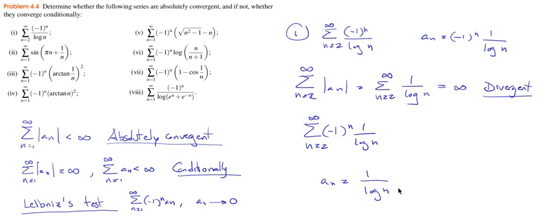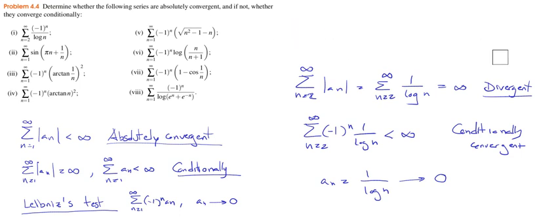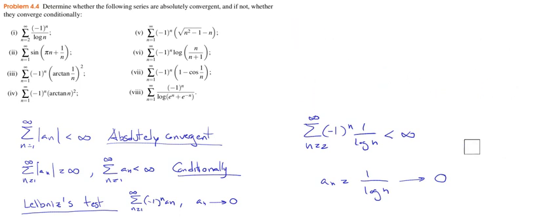So 1 over the logarithm of n is monotonically decreasing and its limit is 0. So the Leibniz test ensures that this series is convergent. The result is that this is conditionally convergent. This is the strategy that we will follow for the rest of the series.